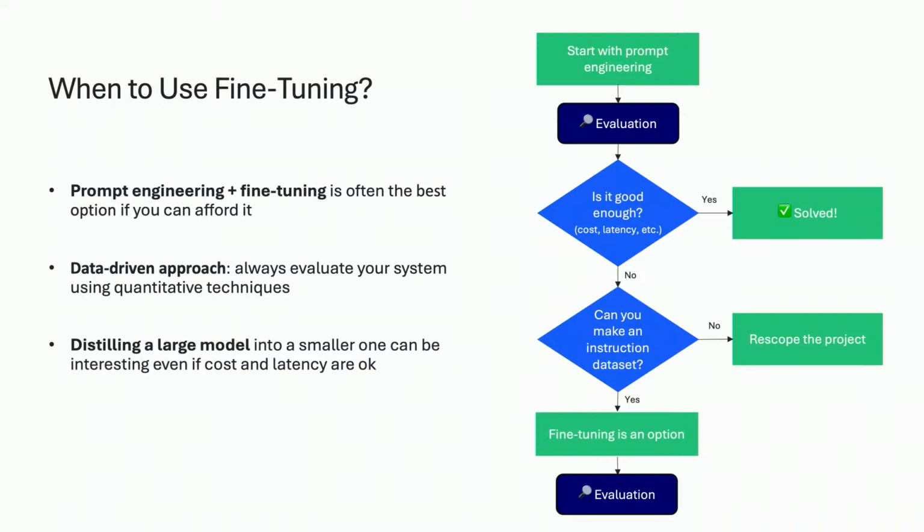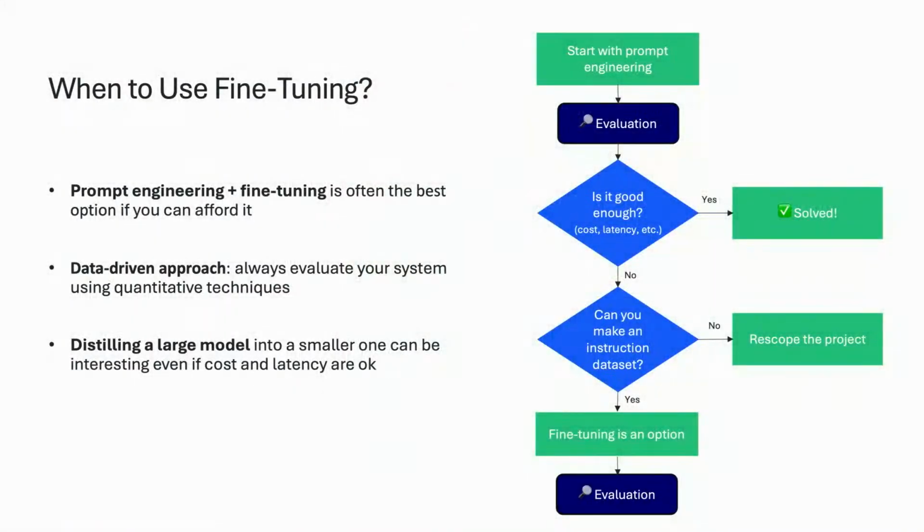It can be the accuracy of the model. Does it answer my question well? You can create a custom benchmark if you have a very niche use case, or you can reuse open source benchmarks. But also in terms of cost, latency, because the question is, is it good enough? If it's good enough with just prompt engineering, then probably you don't need fine-tuning. The problem is solved. Congrats.